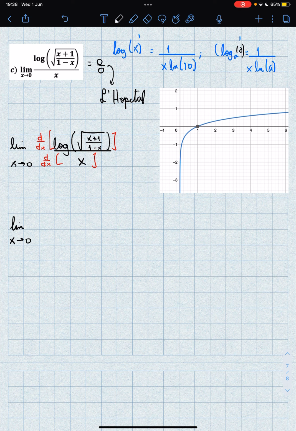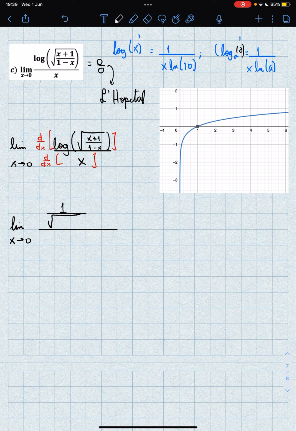Let me do it over here just so we don't get lost. So the derivative of this log that we have over here, it's going to be 1, sorry guys, 1 over the argument, which goes here.